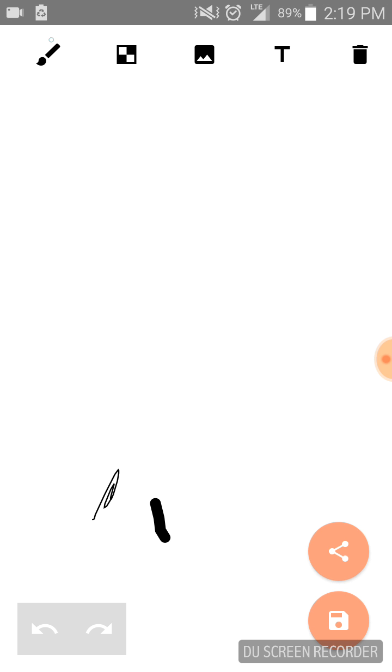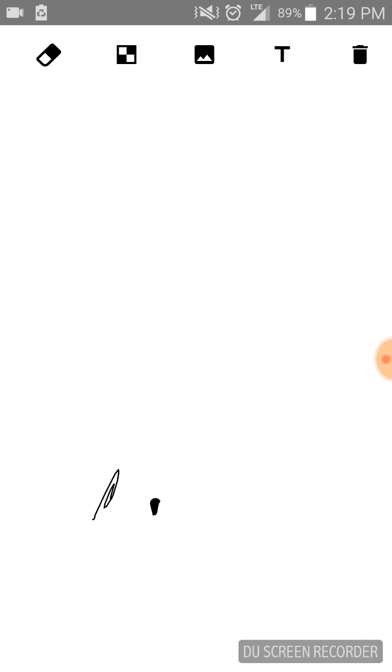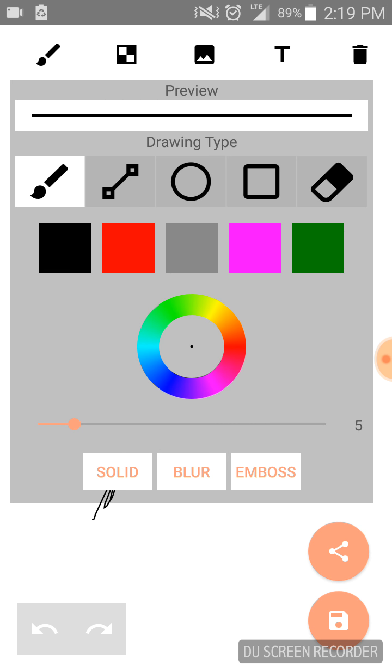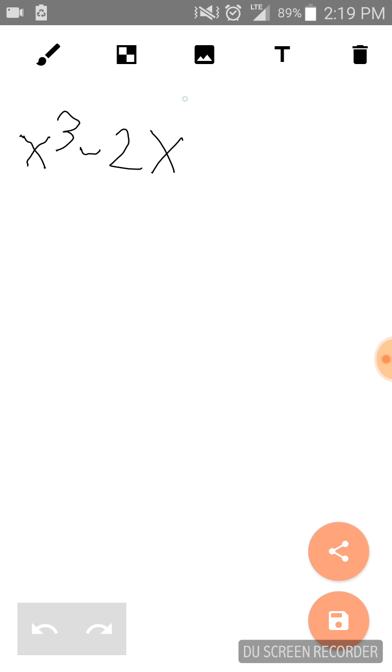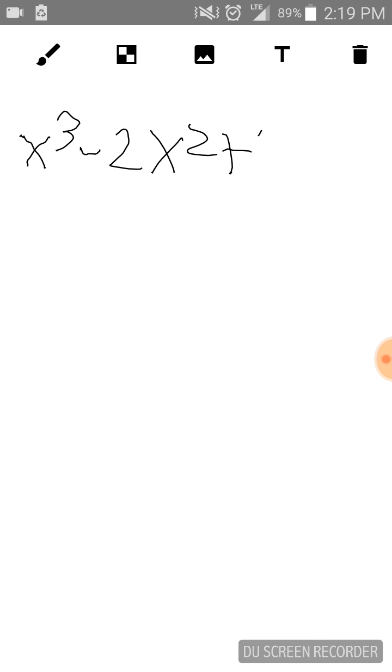Alright, so now I'm going to go ahead and write down a problem. This is going to be my example problem. And I'm going to take it step by step, explaining what I do to solve it and what the method is.